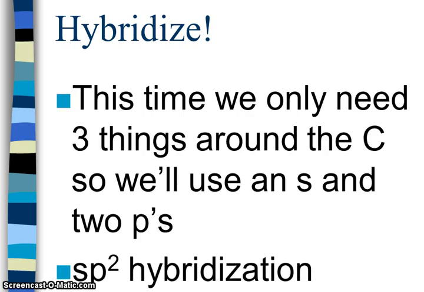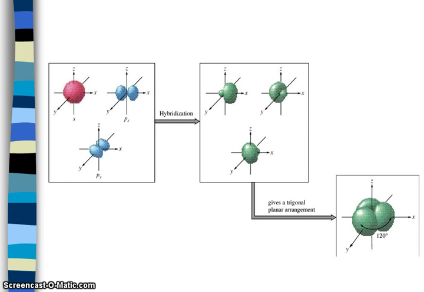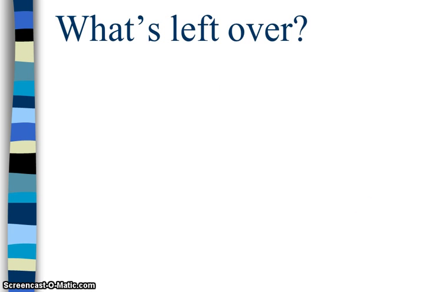We're going to call this sp2 hybridization. On the left-hand side, we've got our s and our 2p orbitals. They become hybridized, and we have now three equivalent sp2 hybridized orbitals. This is going to give us a trigonal planar arrangement.